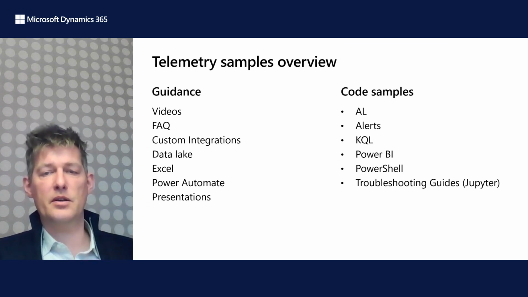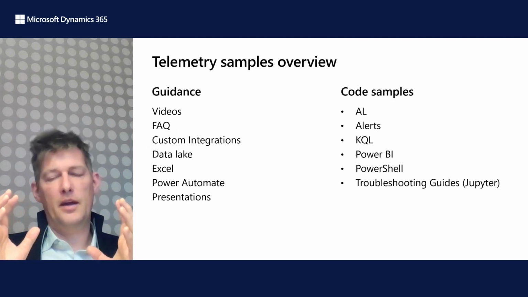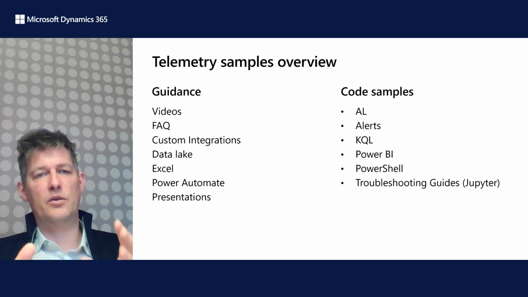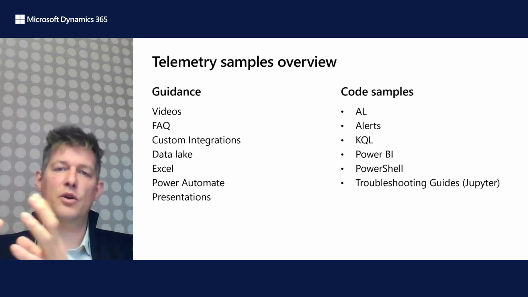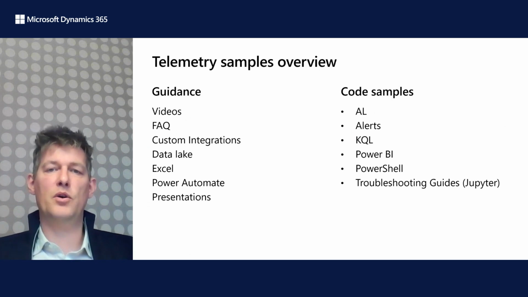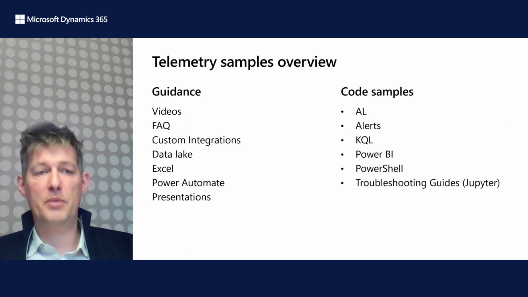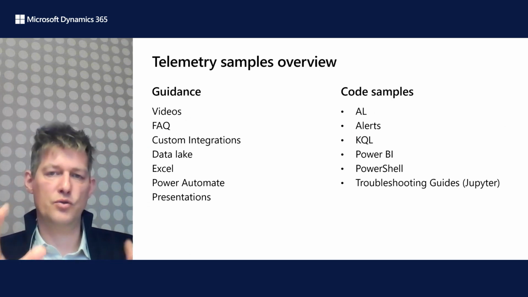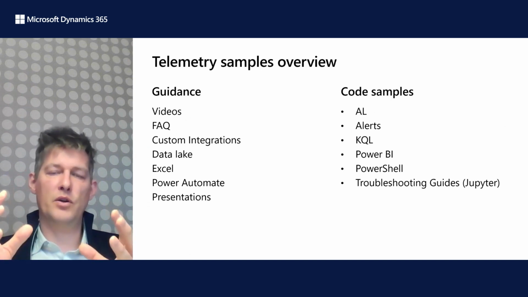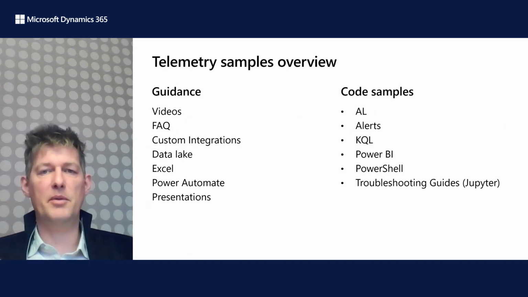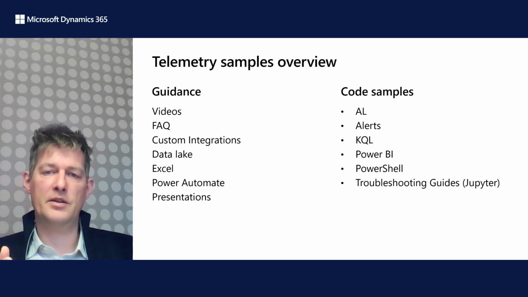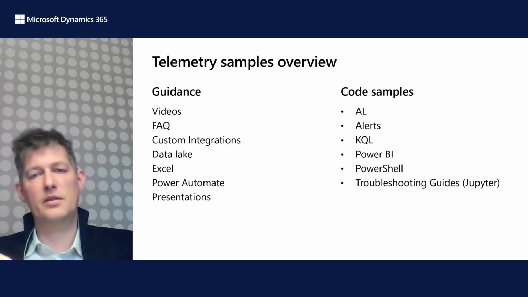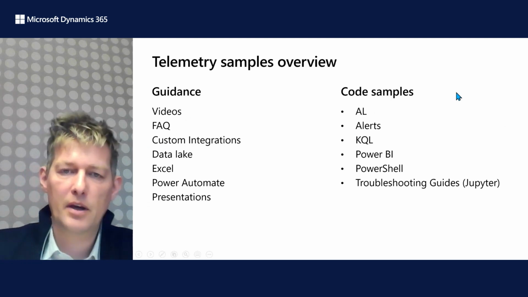So that's the condition. And then I can use this to send out a notification to a number of channels. I might want to use Flow, Power Automate, to deal with that. I might want to send a text message or an email or create a bug in Jira or in Azure DevOps, whatever you like, and that would be the different channels.